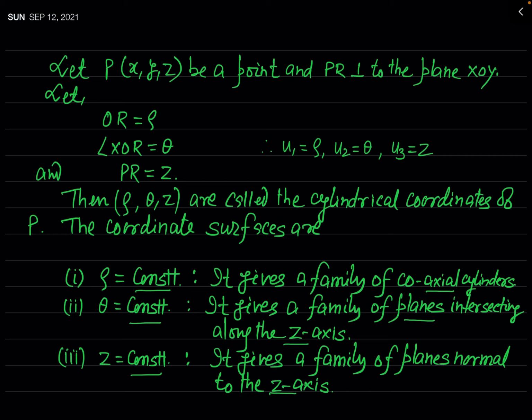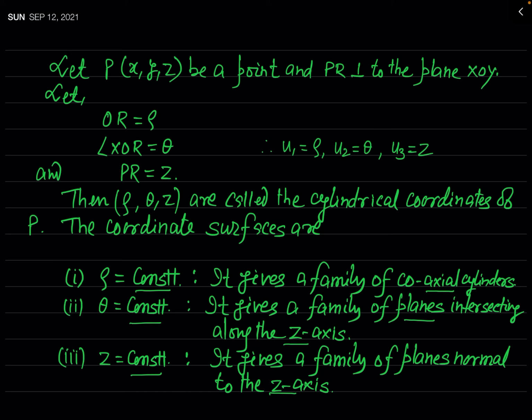Now first of all we will see the transformation equations, that is, if you know the Cartesian coordinates x, y and z, then how you can find the cylindrical coordinates of that point, or vice versa. It means if you know the cylindrical coordinates of a point in space, then how we can find the Cartesian coordinates of the same point.